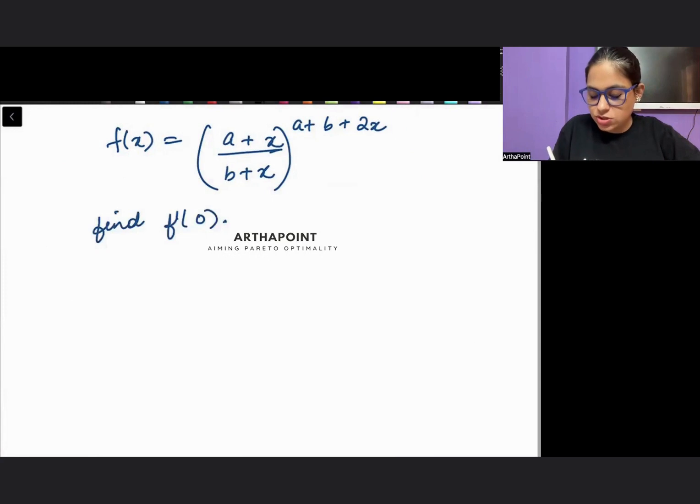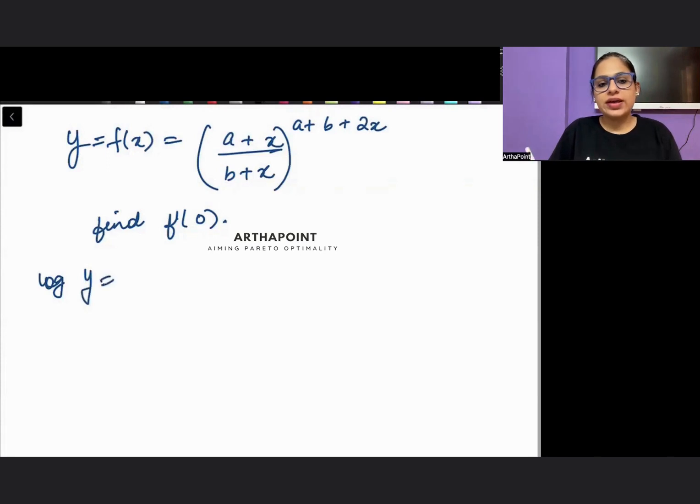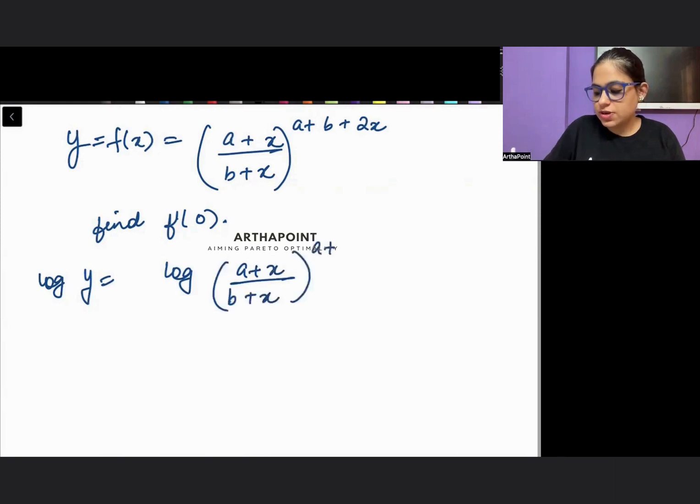Let's find out. Let me take this as y, and now take log y. Log y is going to be log of (a plus x upon b plus x) to the power a plus b plus 2x.